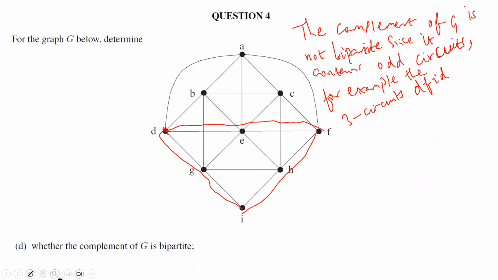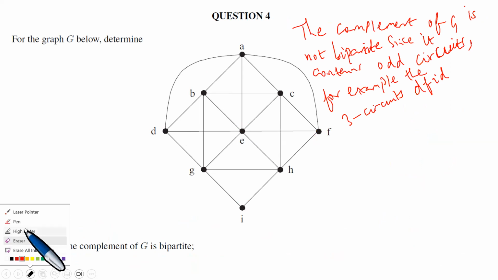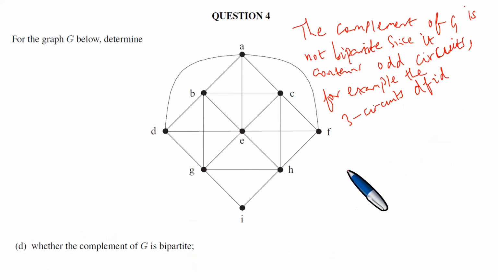It's taken from the complement of G, which has been drawn on the other side. You can take that one or you can take another one, F, B, I, F. The complement is there. We can't waste time just redrawing the same thing.